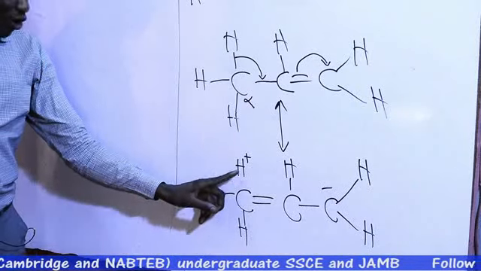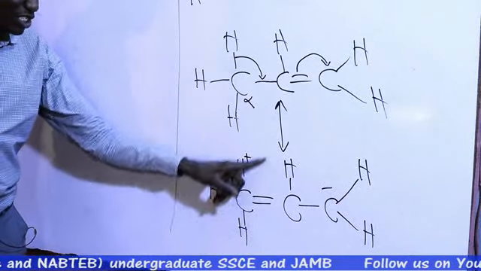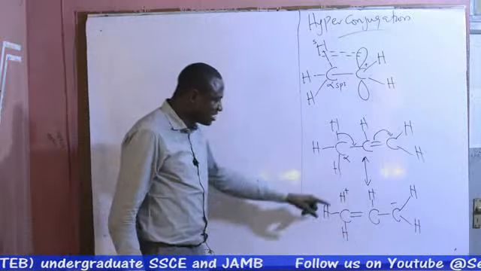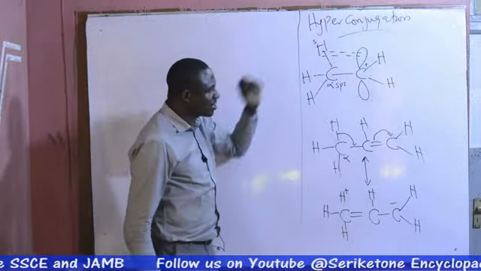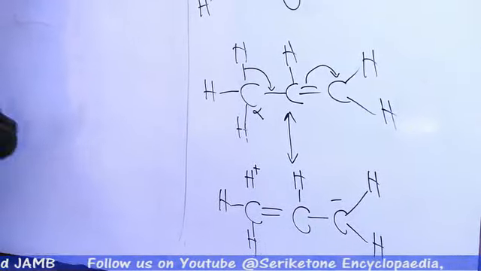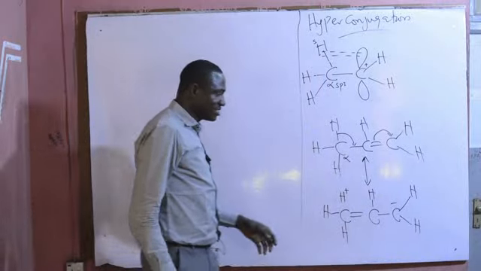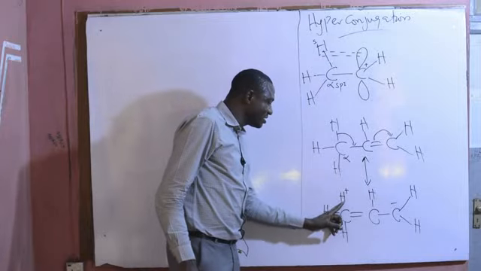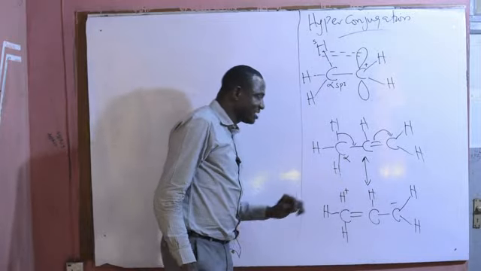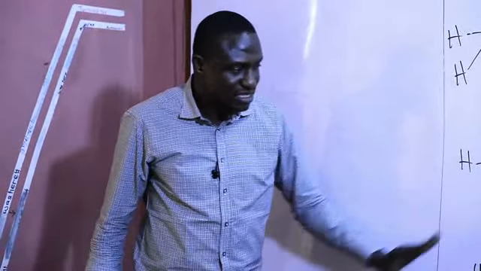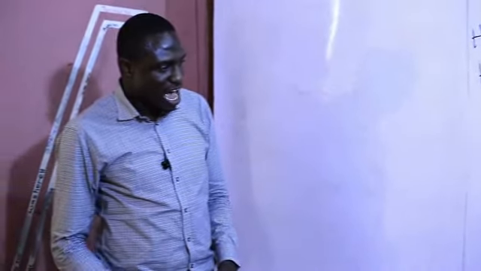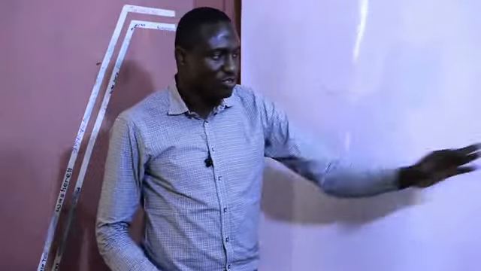But that is not true. Although it is not bonded to it, it is not free to move about. It is still attached to the carbon atom in one way or the other. And that is why the hyperconjugative system is also known as a no-bond resonance system, because a bond does not exist between this hydrogen ion and this carbon atom. And I told you that you are going to have three hyperconjugative structures from this structure of propylene.